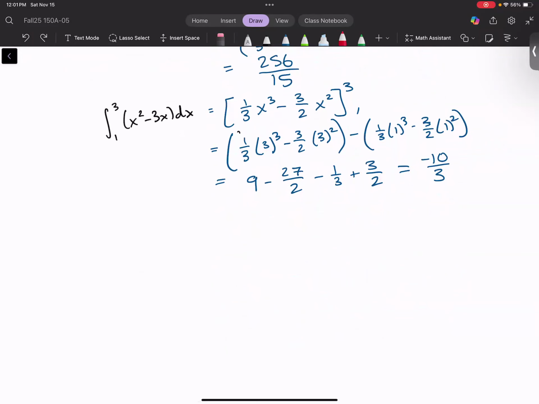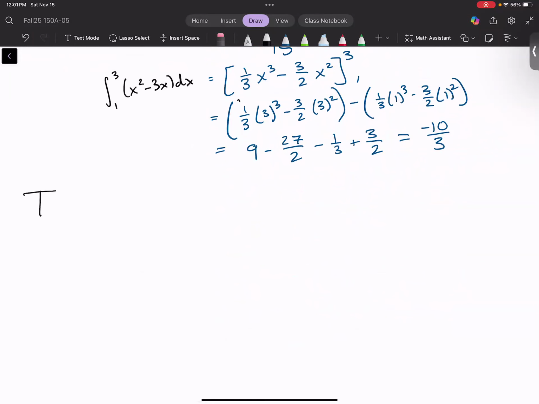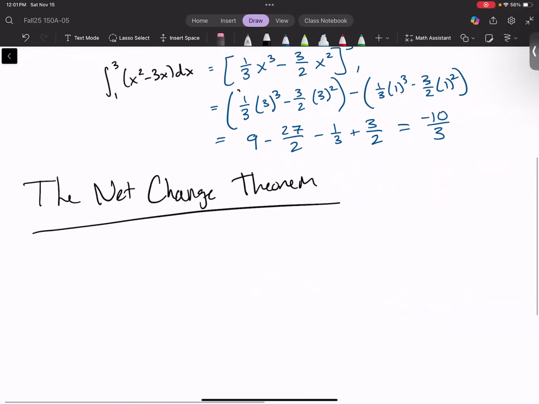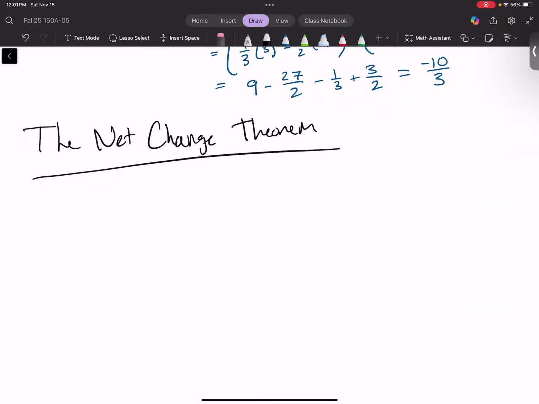Okay, so let's talk about something called the net change theorem. Okay, what is this saying? Well, if you think about it, just kind of conceptually here, say we're at some starting value, and then we change by some certain amount, and that'll be our final value, right? Okay. So we're going to make use of something here.